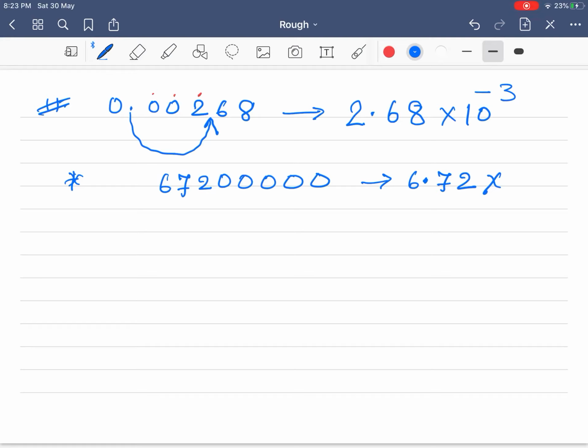Then count the places: 1, 2, 3, 4, 5, 6, 7. That would be 10 to the power 7. This is the way that you can calculate scientific notations.